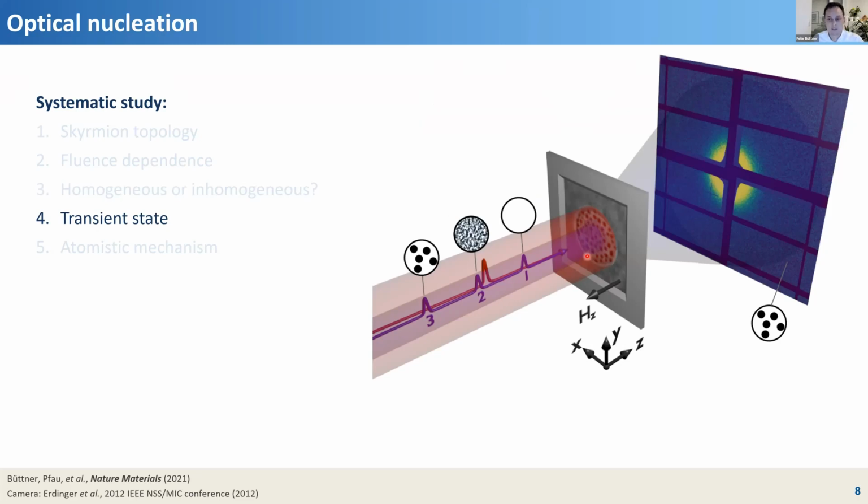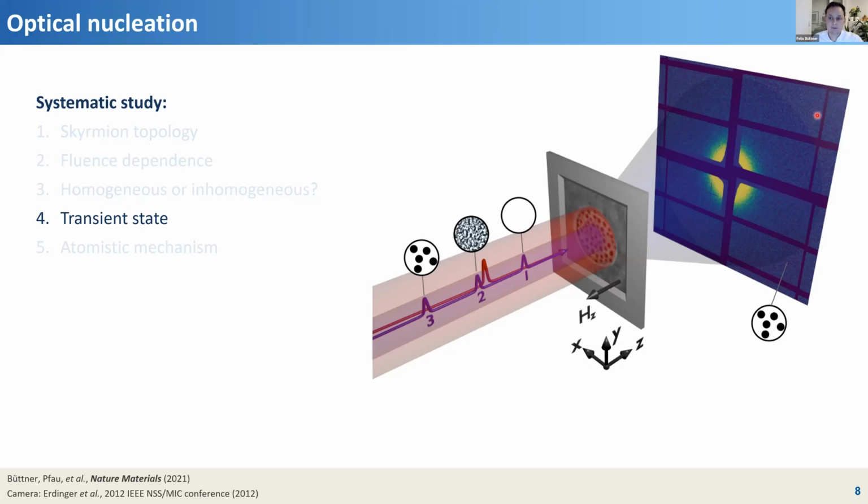We're exposing our magnetic film with X-ray pulses, and we're recording the scattering pattern in the far field. This far field scattering is essentially the Fourier transform of our magnetization distribution in our sample. So the higher the scattering angles, the shorter the length scale of magnetic correlations in the system.